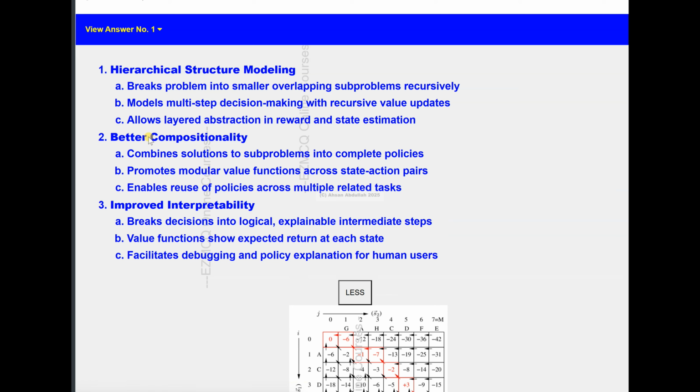So hierarchical structure modeling. What dynamic programming does is allow recursive breakdown of large tasks into smaller subtasks. That is independent of deep learning. Now dividing complex tasks into smaller ones fits naturally into hierarchical reinforcement learning or recursive neural nets, where policies operate at multiple abstraction levels.